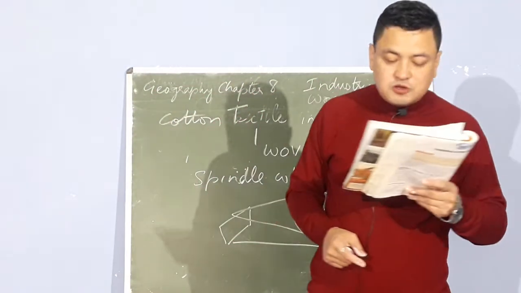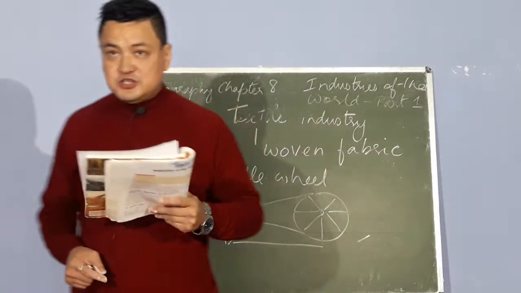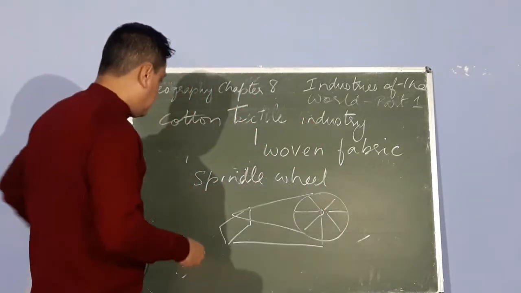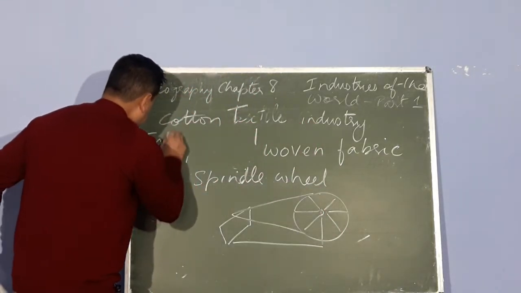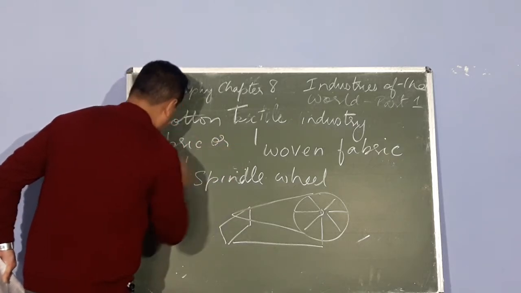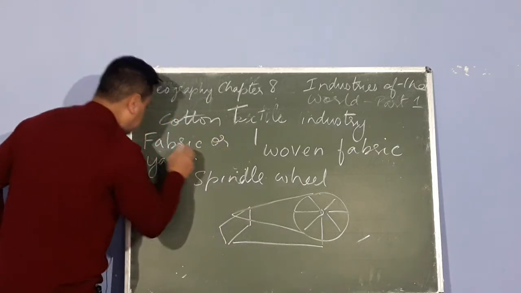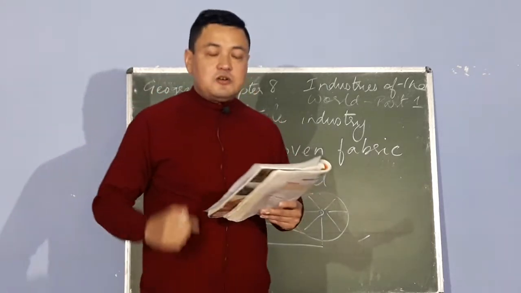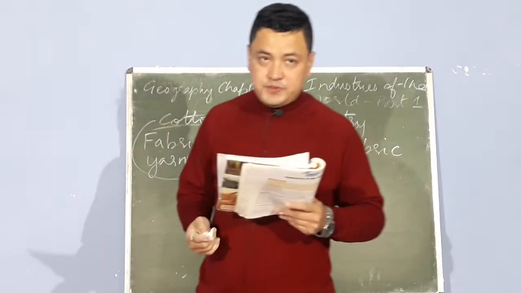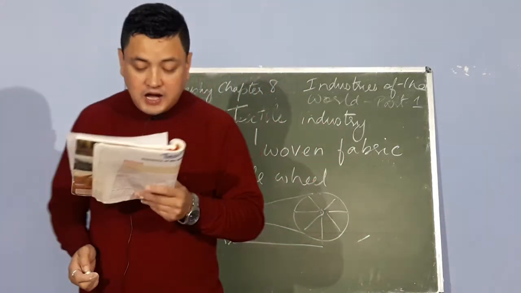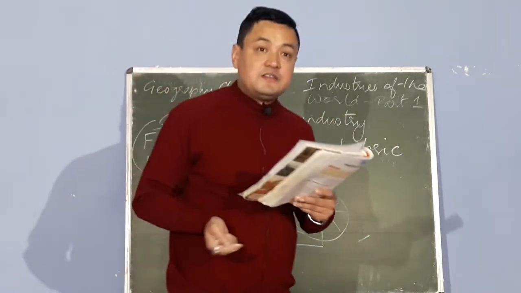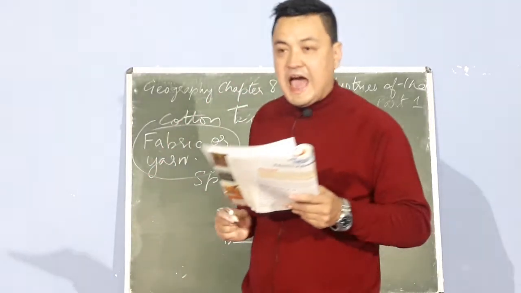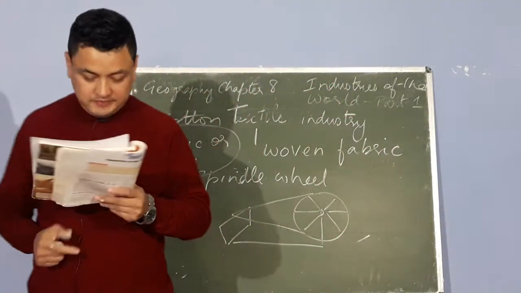Fabric or yarn is the raw material used in textile industry. So fabric or yarn, Y-A-R-N, yarn. Whenever I am talking about fabric or yarn, it's the spun thread, the dhaga which has been spun, for knitting, weaving and sewing cloth.